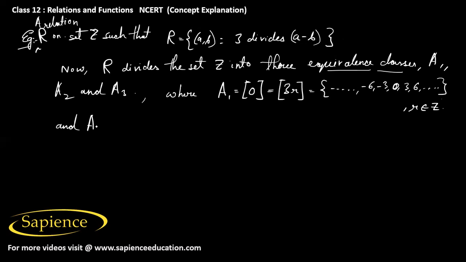And A2 is the equivalence class which contains the elements related to 1, which are of the form 3r plus 1.